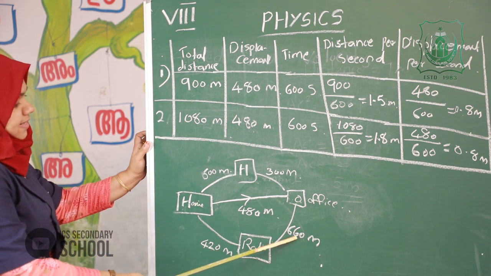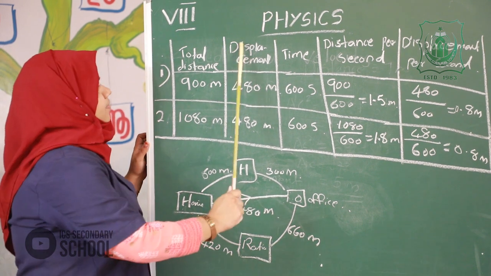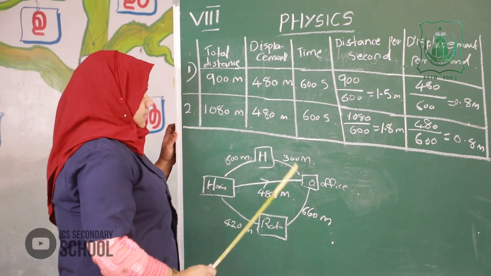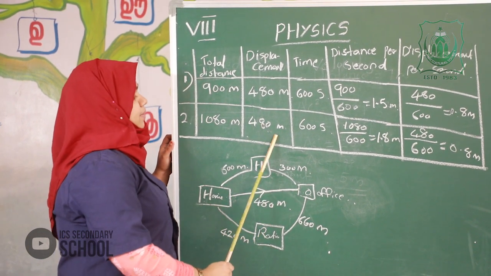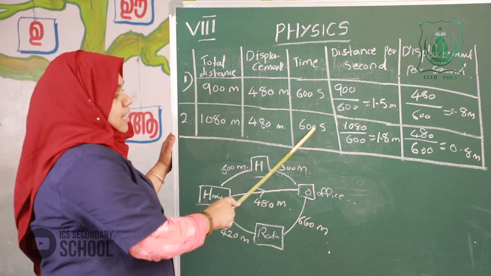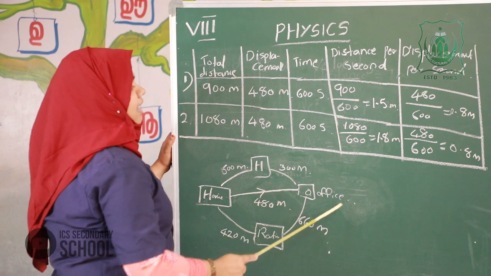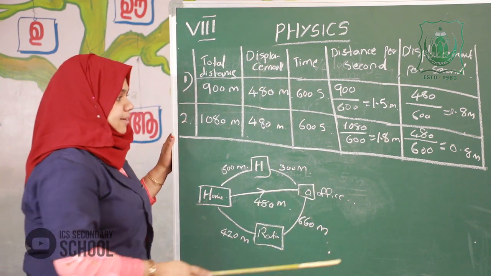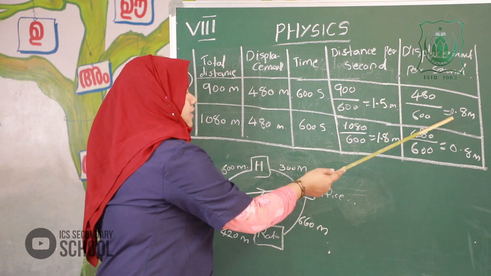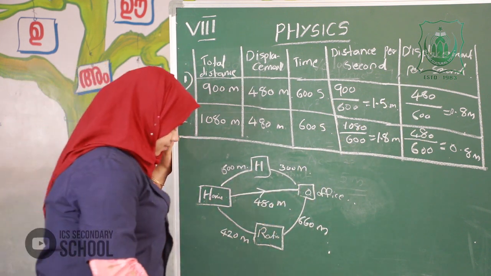Total distance 660 plus 420, that is 1080 meter. Displacement is the same straight line distance of 480 meter, time 600 second. Distance per second 1080 divided by 600, we get 1.8 meter. And displacement per second, the same, 0.8 meter.